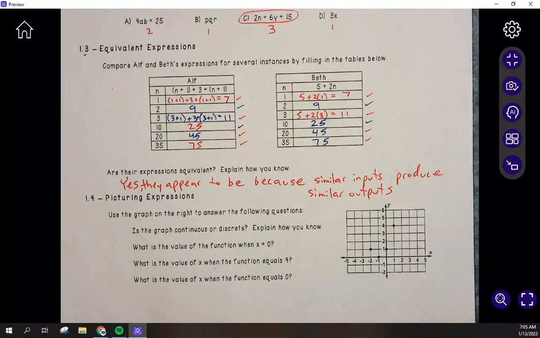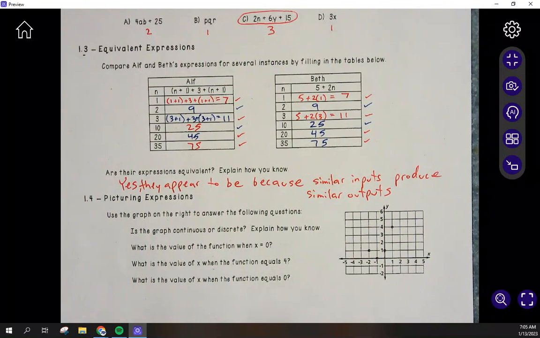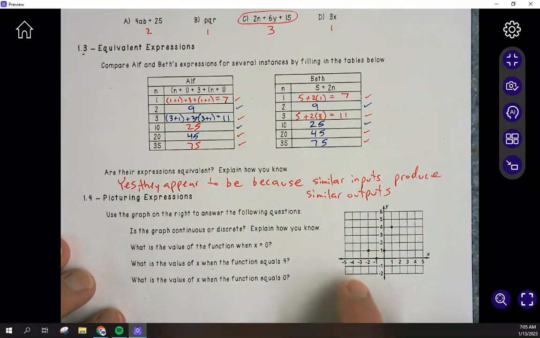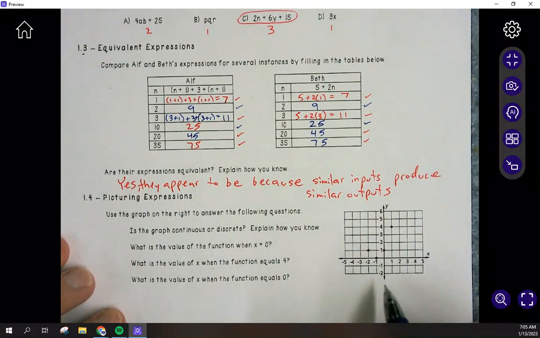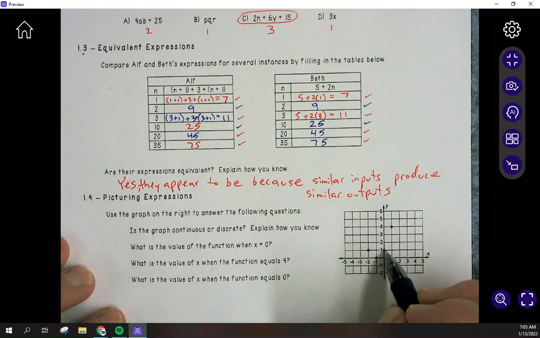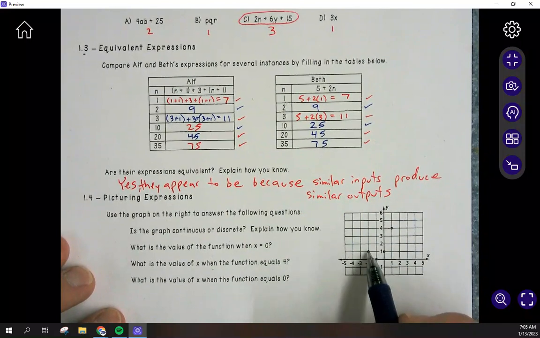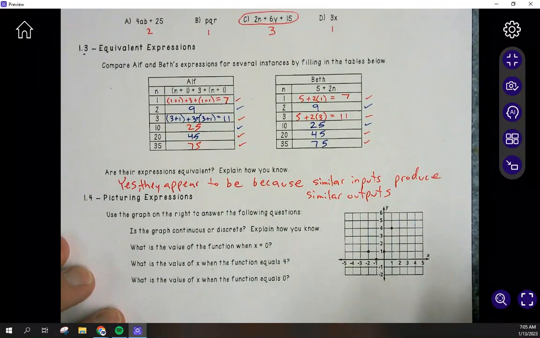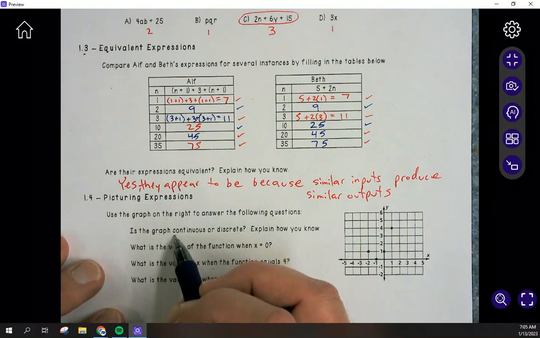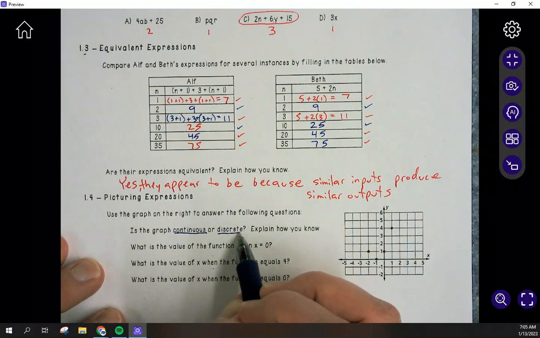Okay, last section here on the front. Got 1.4. So it says use the graph on the right to answer the following questions. And so if you look at this graph first before we start answering the questions, we've got these points. You notice they are not connected. And so that's all we have. The only information are these 4 points. So is this graph continuous or discrete?